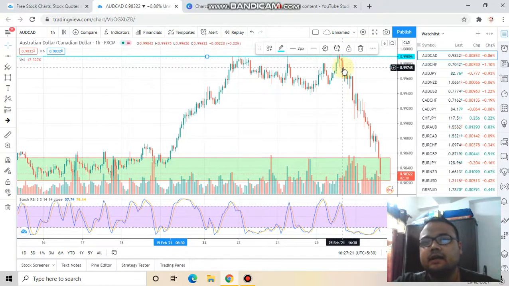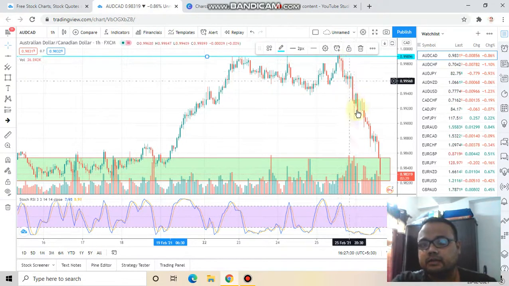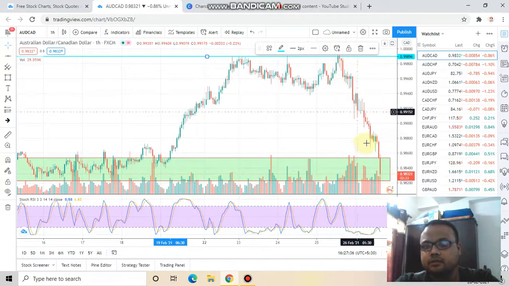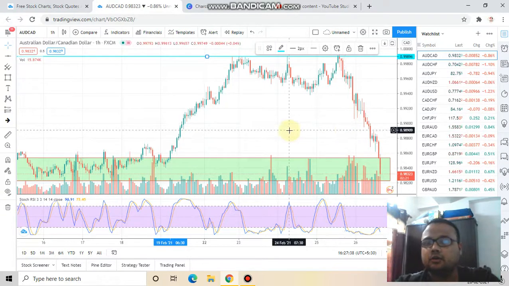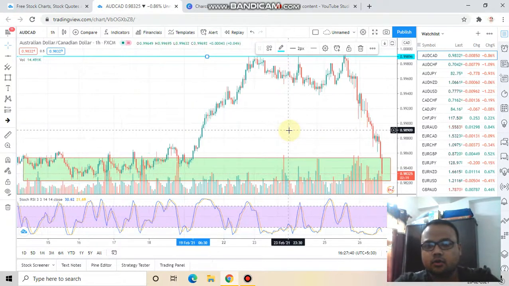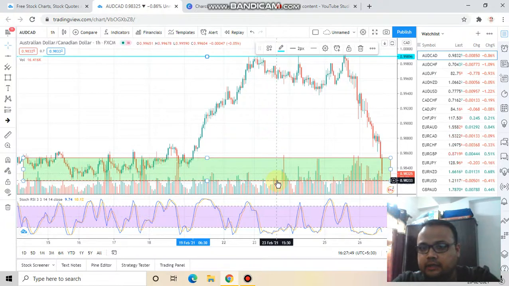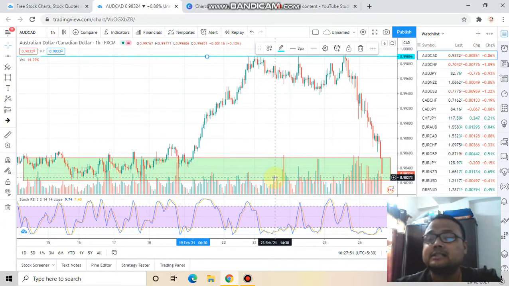Market started falling, and just look at the selling pressure. In fact, to be very honest, I was not expecting that the selling pressure would be this high. But right now we can see that there's too much pressure. So we just need to look whether this level of 0.9822 will be able to provide support or not.